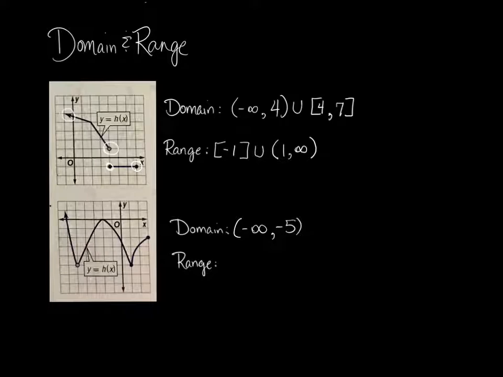And then this is where there is a stopping point over here, but since it's a closed dot, I'm not entirely sure that we would need to recognize that with our domain notation. So I'm just going to say we can go from -5 with a parenthesis all the way to a +3.